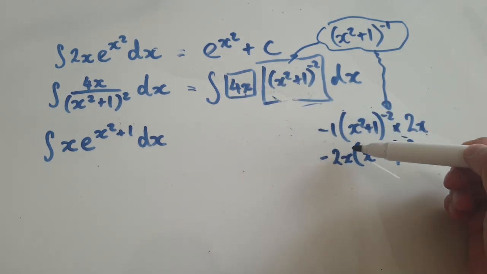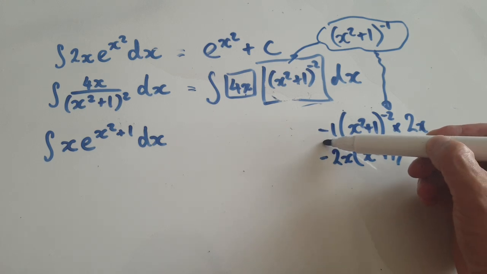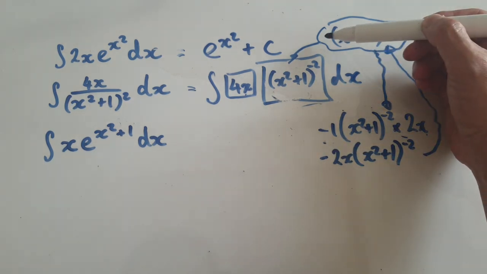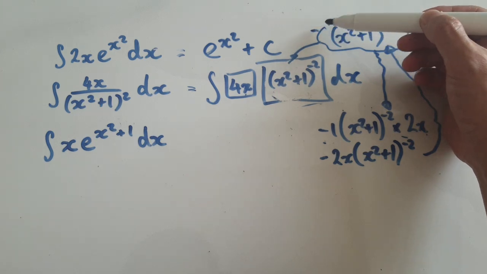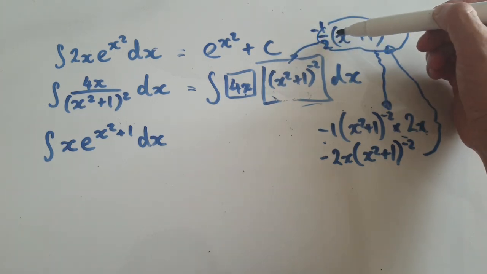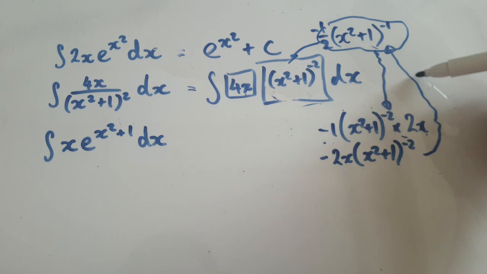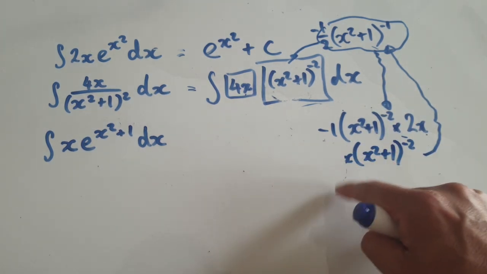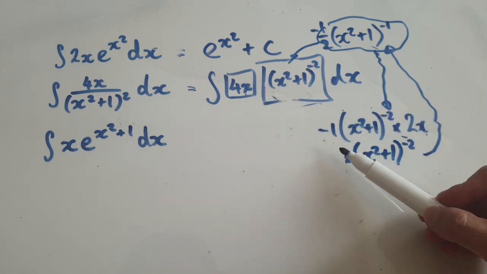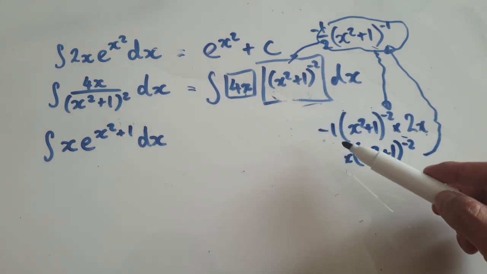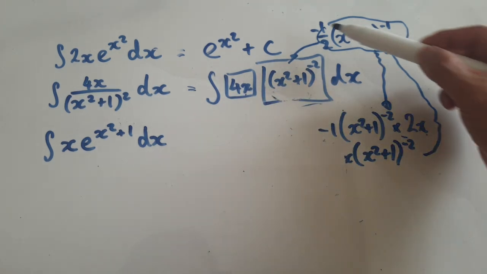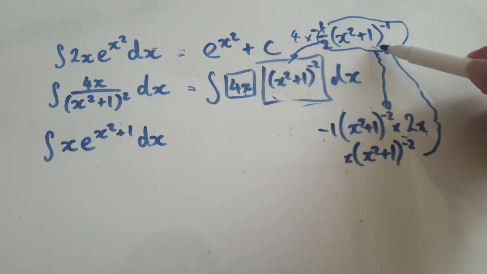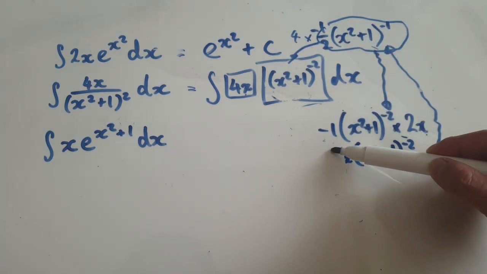So you would go back to your initial guess, and stick a negative 1 over 2. Now, when you differentiate this, the negative 2 would disappear. And then you want the 4 here. So you would go back to your initial guess and stick a times 4 in here. So now when you differentiate it again, it will then give you a 4.